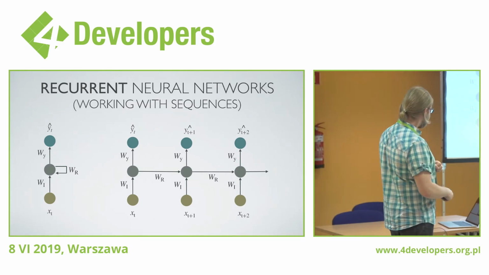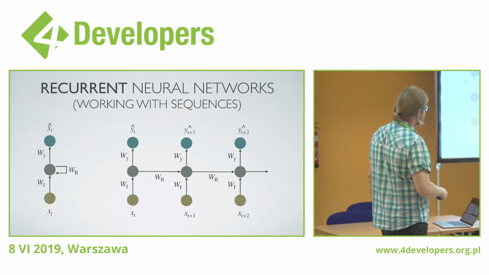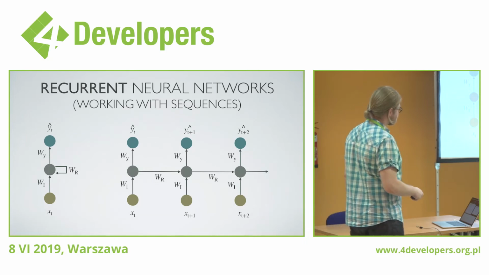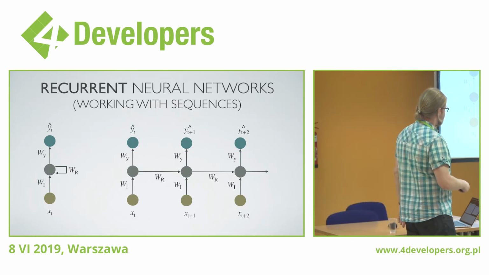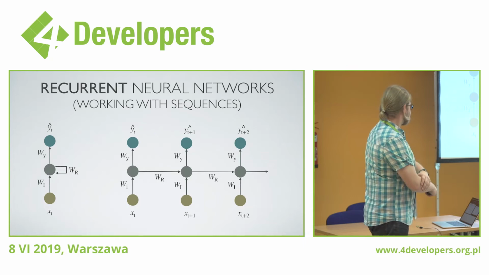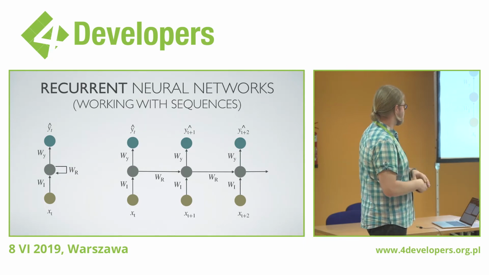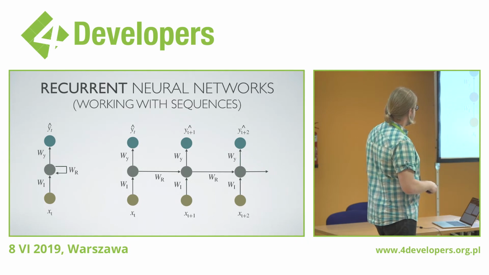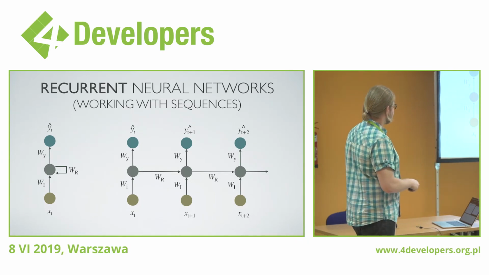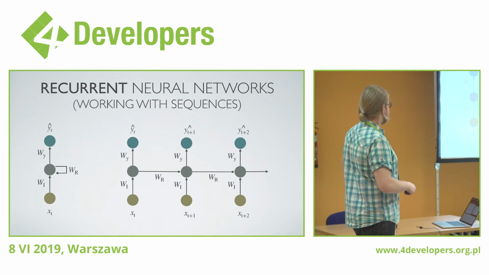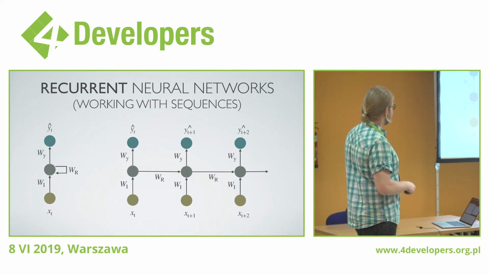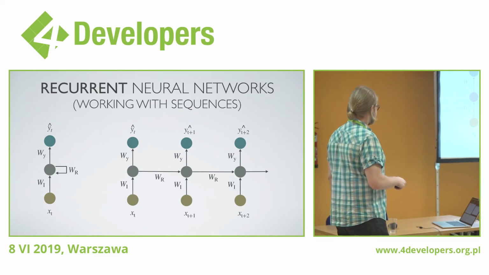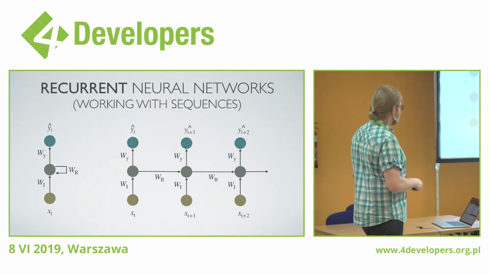So when you're dealing with sequences, you have some input at time t, or step t. Then you have another input at time step t plus 1, another input at time step t plus 2. And how these neural networks work is that you first take the input, multiply it by all the weights in the first set of weights to get the value for a hidden layer.